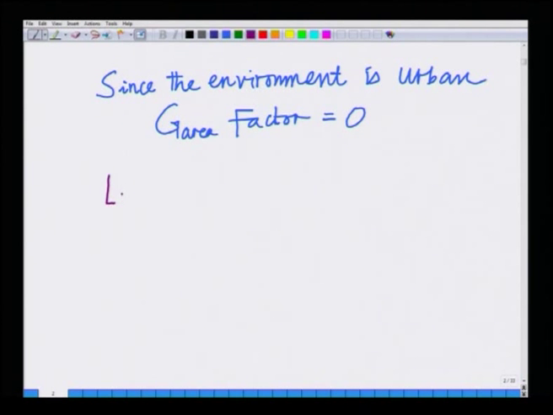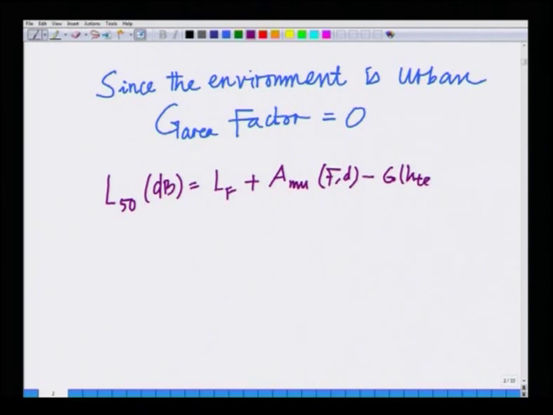The 50th percentile path loss in the Okumura model, L50 in dB, is the free space path loss plus the mu factor f of d, minus G H T E, minus G H R E, plus G, minus G area.